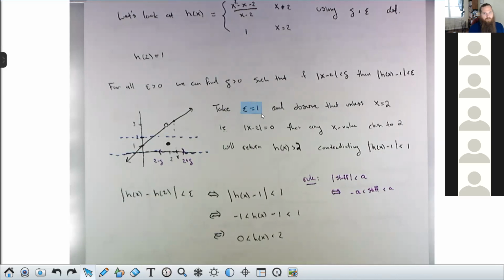Yeah, so I'm taking epsilon to be 1. So this epsilon is this one. And this h of 2 is this one. Remember, what we're trying to do is we're trying to show that this statement is not true. And the way you show a statement like that is not true is by demonstrating an epsilon for which we cannot find a delta.